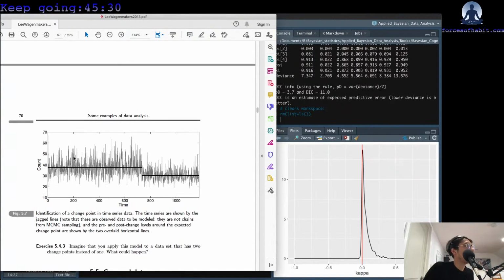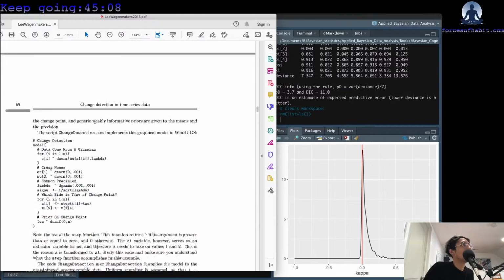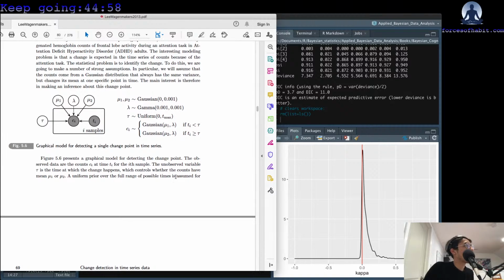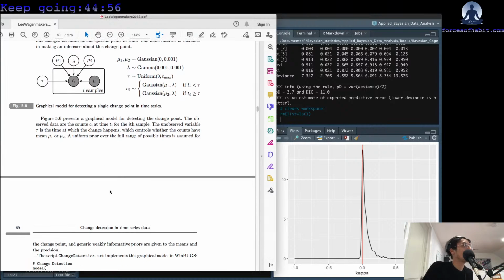That count changes over time, and we want to know the point tau at which the count changes such that it meets some threshold, and now it can be considered part of mean 2. So what's mean 1, what's mean 2? We're assuming equal variance across these two things, but it's basically what the model's saying.